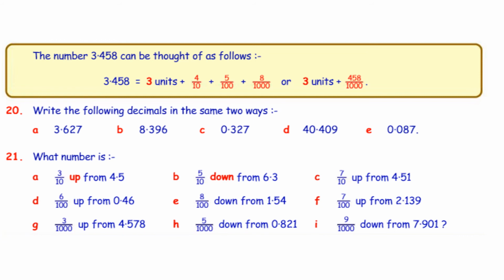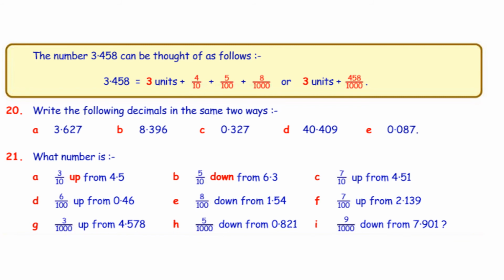21 is similar to what you've done before. 3/10 up from 4.5. That is 4.5 plus 0.3, which is 4.8. Okay, and I'll do another one with you. Let's do F, 7 over 100 up from 2.139.